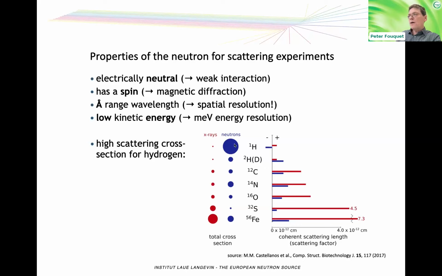Whereas for neutrons, we have a nuclear interaction, and by quantum mechanical effects, the neutrons have the highest scattering cross-section for hydrogen, which makes hydrogen very, very visible for us.